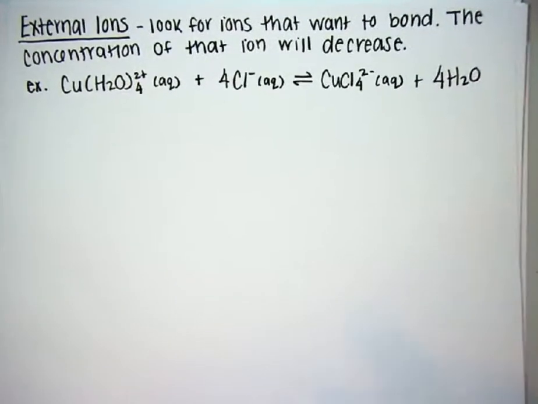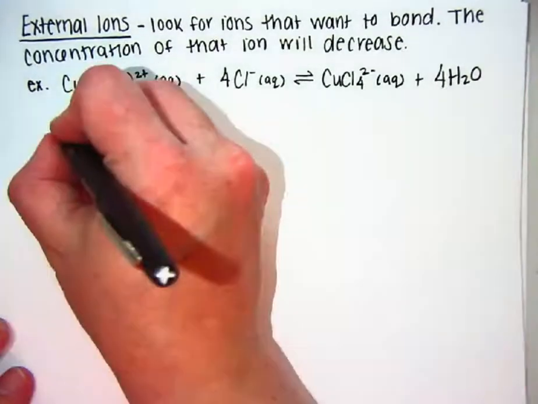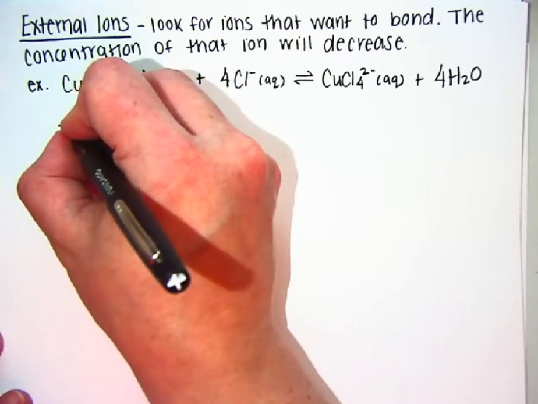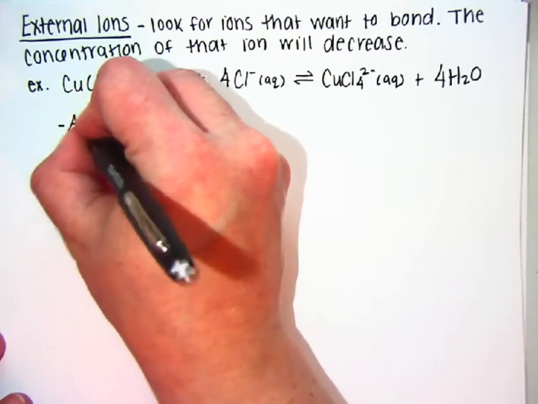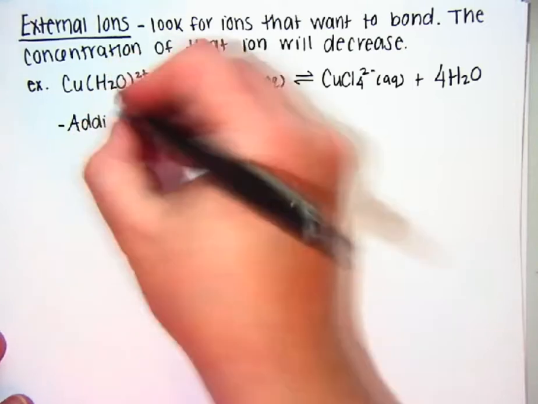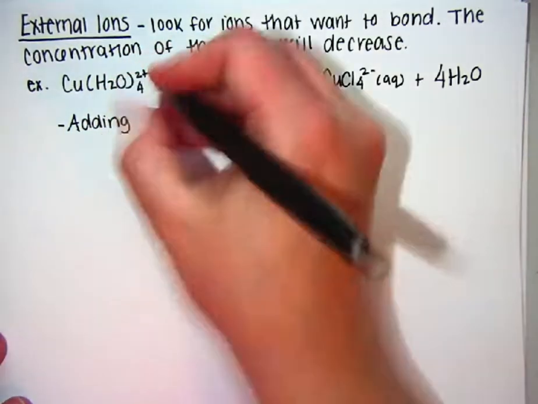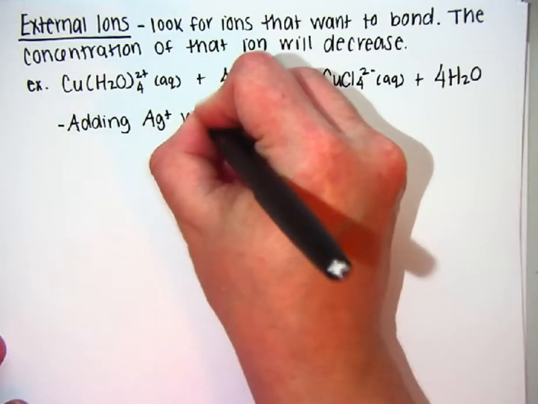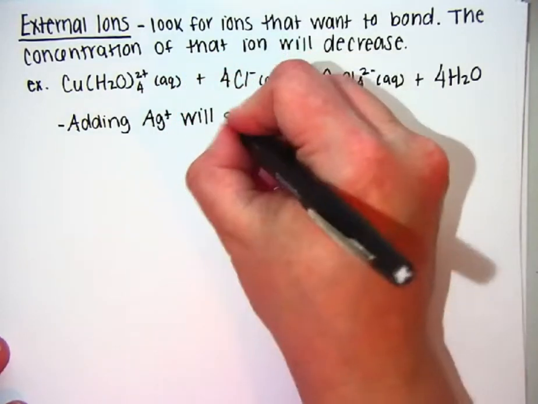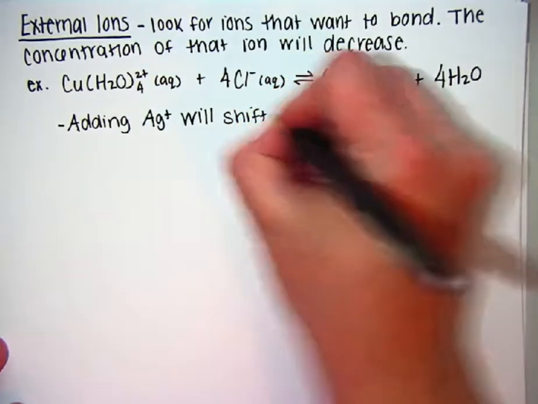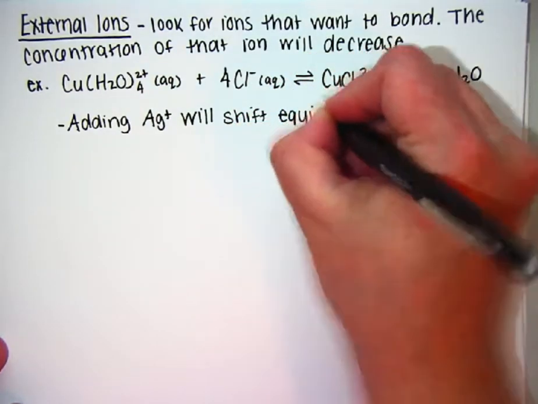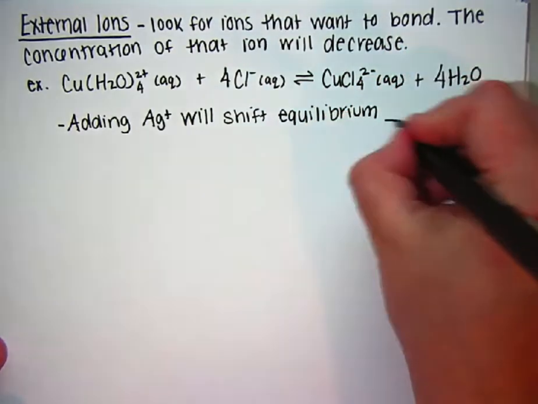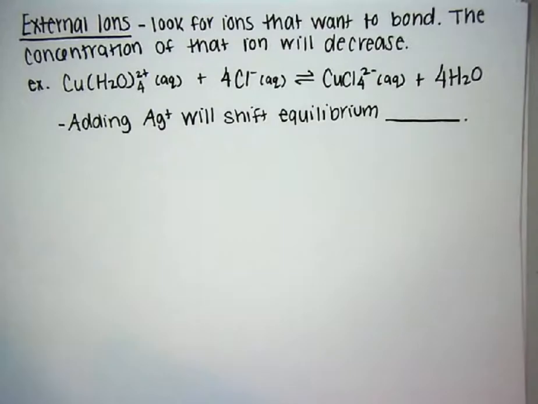And let's say we wanted to know what happens when I add silver ions. Adding Ag plus will shift equilibrium in which direction?